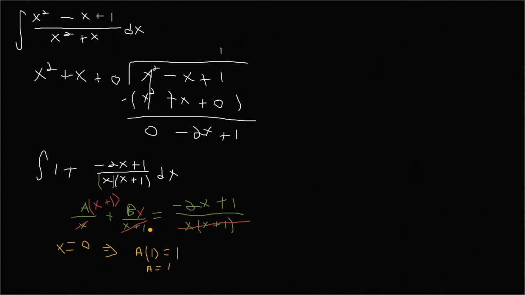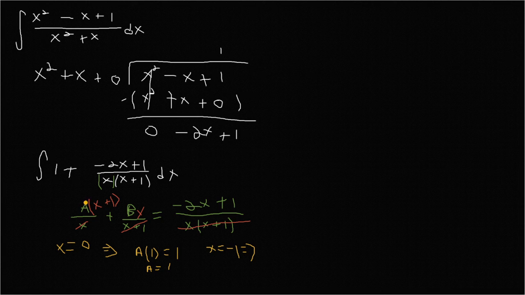And then we can do the same thing for b. Instead, what will make the a term equal to 0 is negative 1, because negative 1 plus 1 is 0. So we're going to let x be equal to negative 1, and then solve.